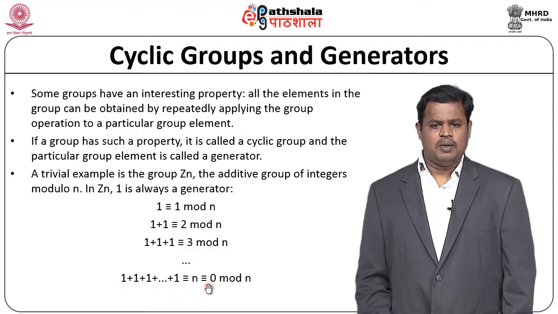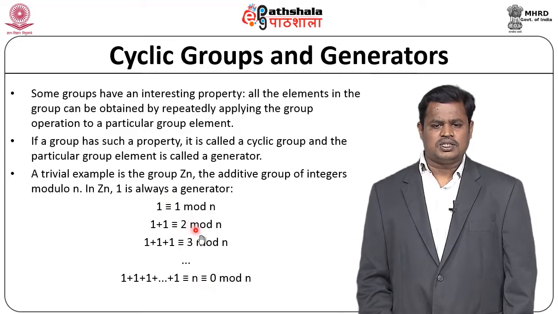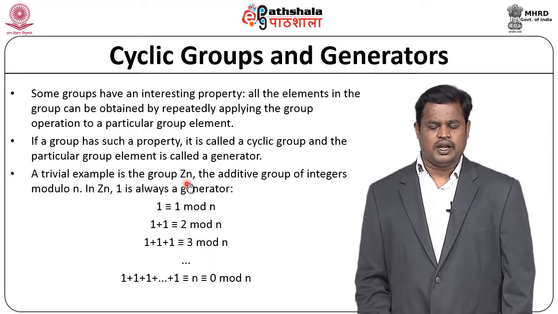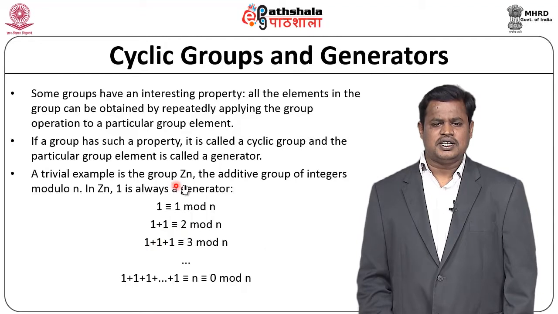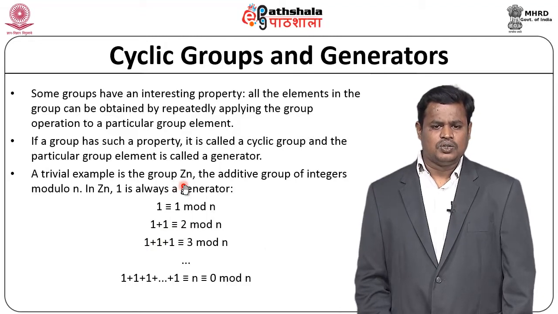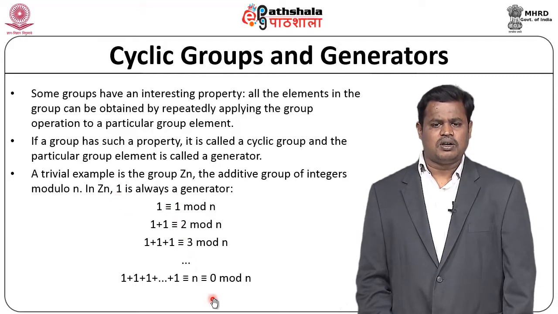So we can see all the numbers belonging to the group Zn are generated with the help of the generator 1 by using the group operation, addition. So Zn is a cyclic group and 1 is our generator, which can generate all the elements in that group.